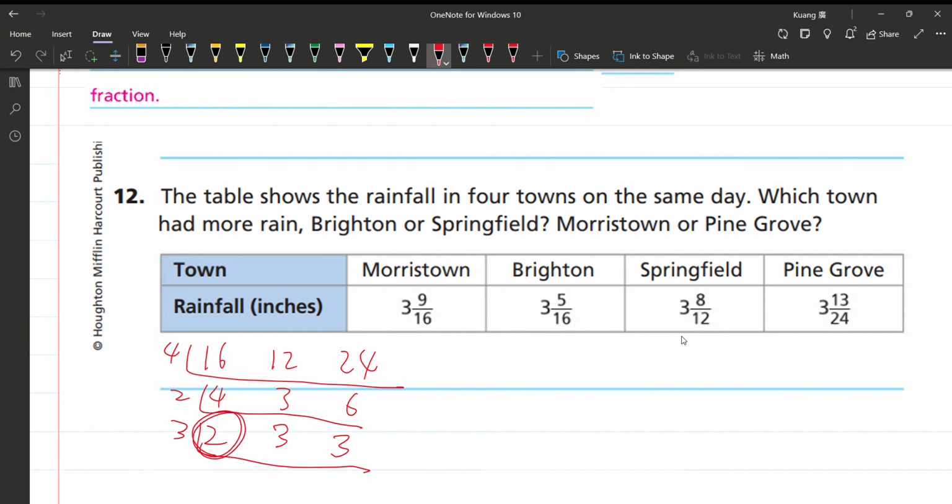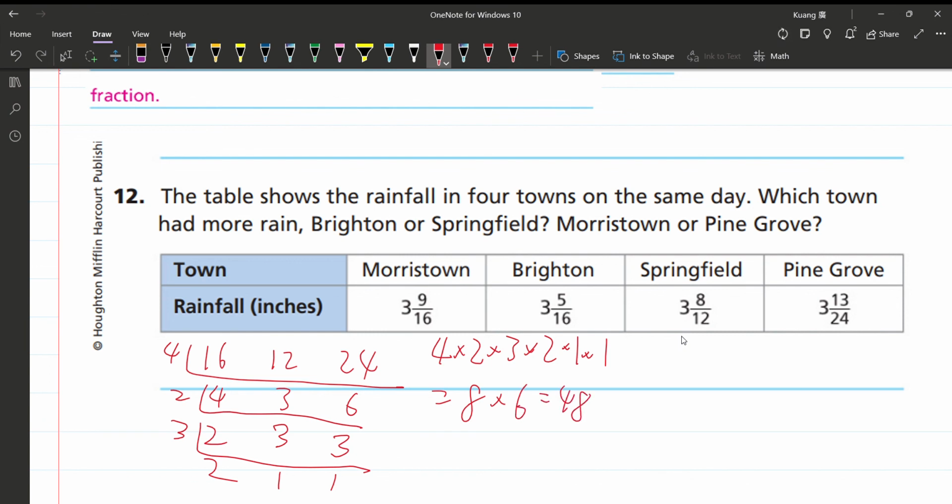Even though 2 cannot divide by 3, we still divide by 3 because the other 2 can divide by 3. So 2, 1, 1. So the product of these numbers, of course including 1 and 1, will be the least common multiple. So 4 times 2 times 3 times 2 times 1 times 1. 8 times 6 is 48.